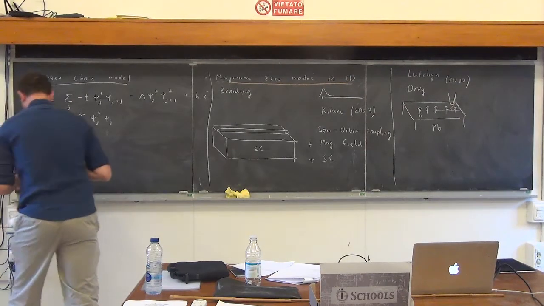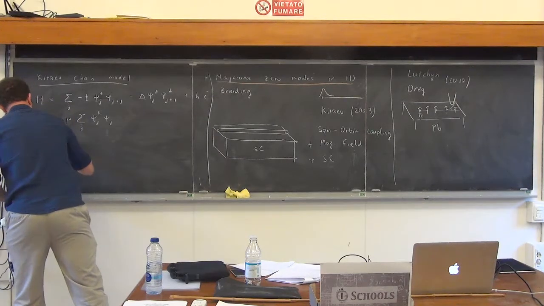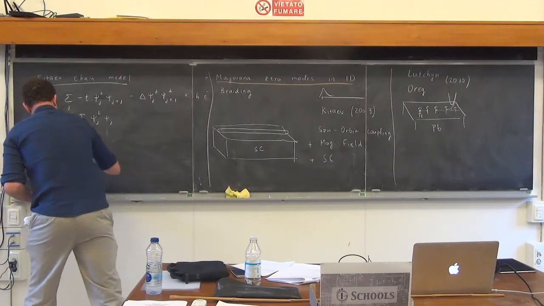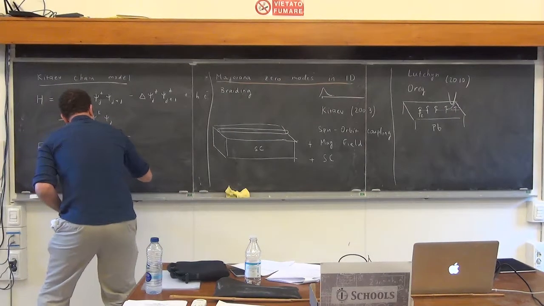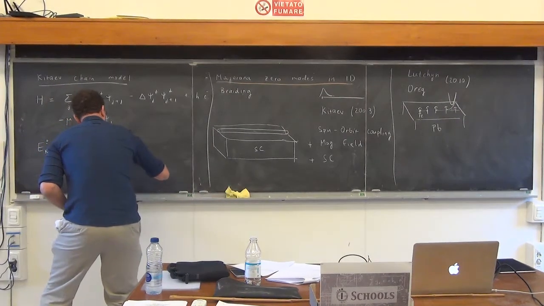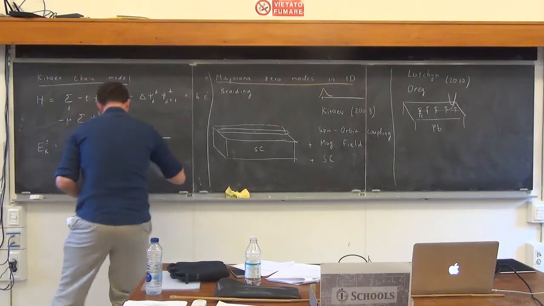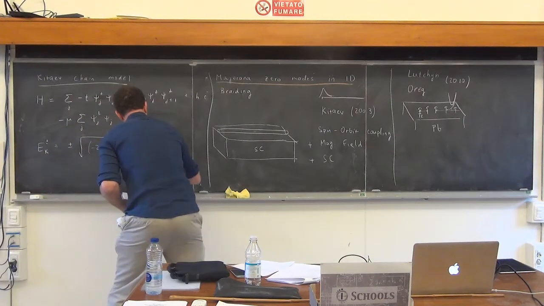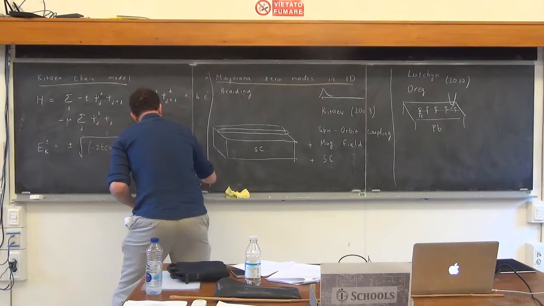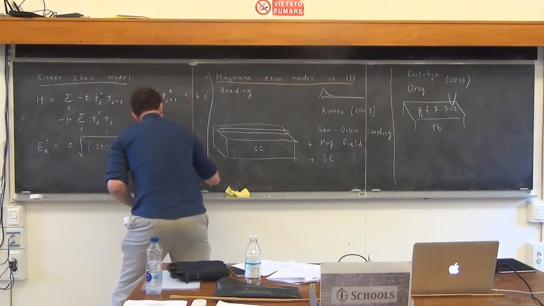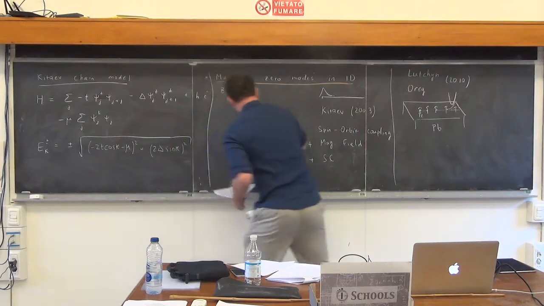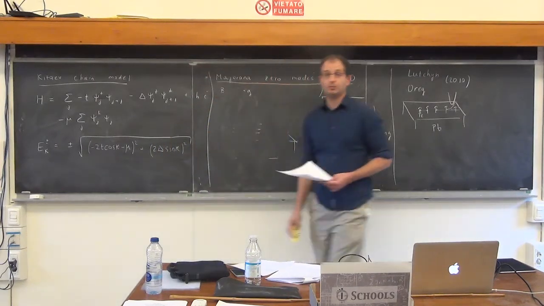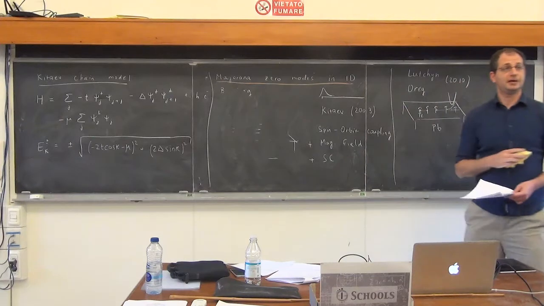E_k plus or minus is equal to plus or minus the square root of (minus 2t cosine k minus mu) squared plus (2 delta sine k) squared. It essentially looks like a one-dimensional cut through the dispersion that we had in 2D.